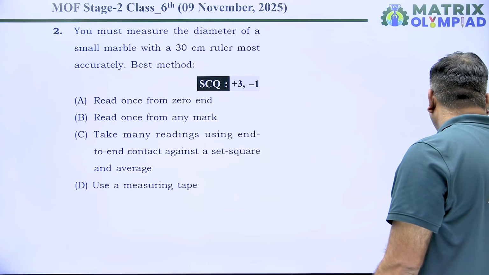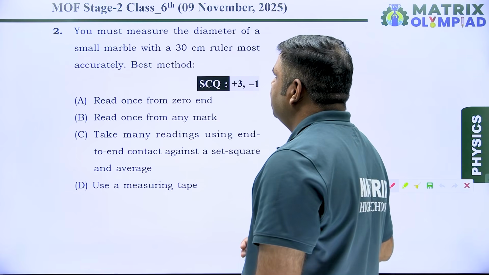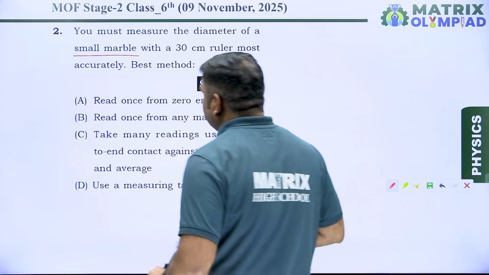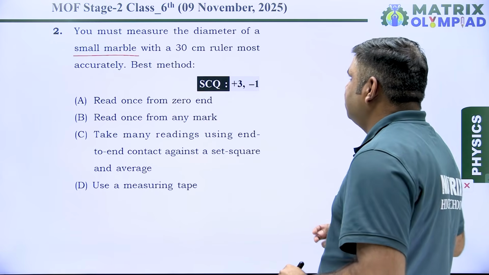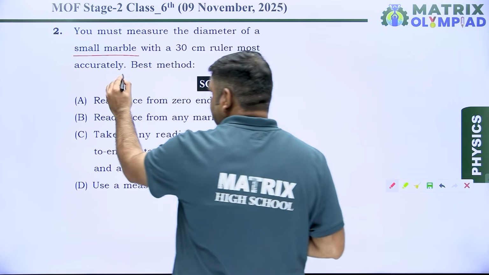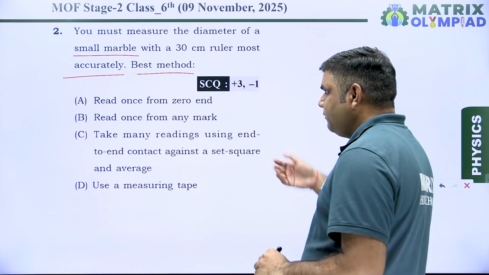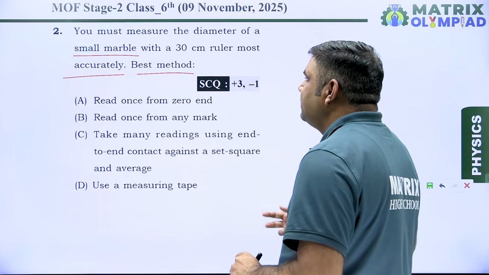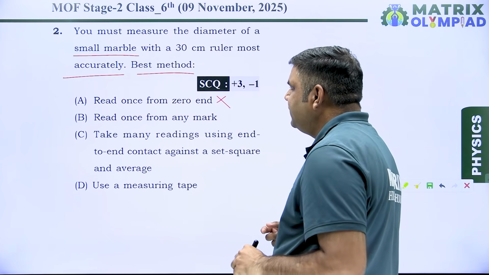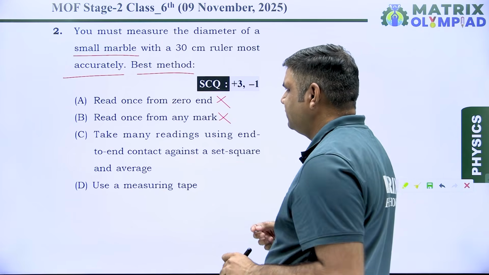Question number 2. We have to measure the diameter of a small marble with a 30 centimeter rule. We have to find the most accurate and best method. So we have our options. Option A is read once from 0, and so on. Read once from any mark, which is not accurate.